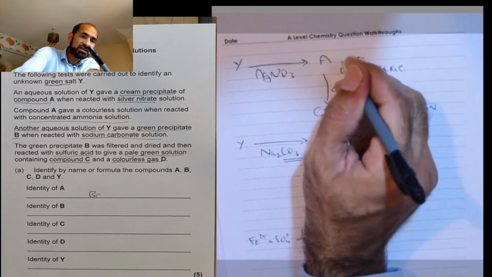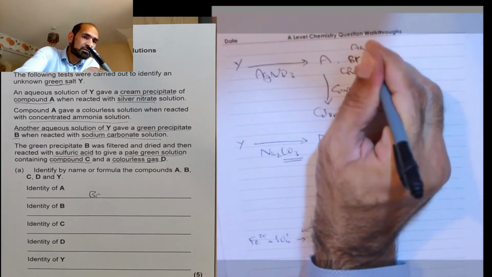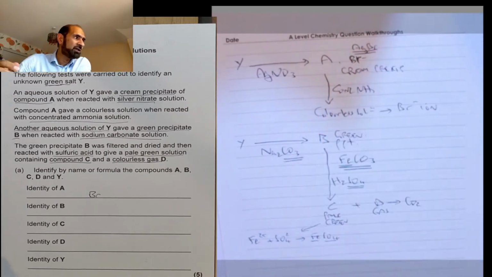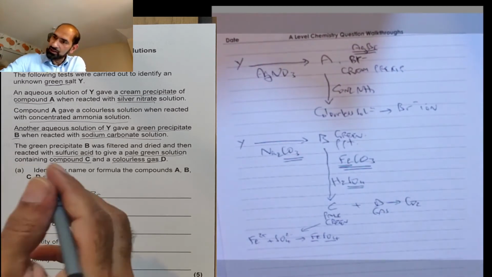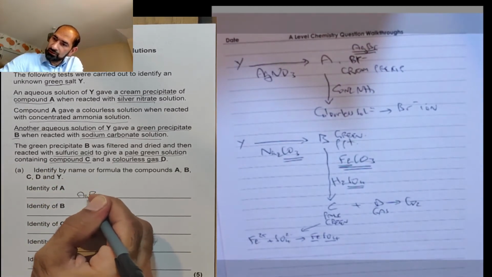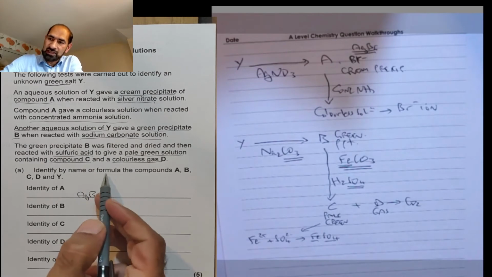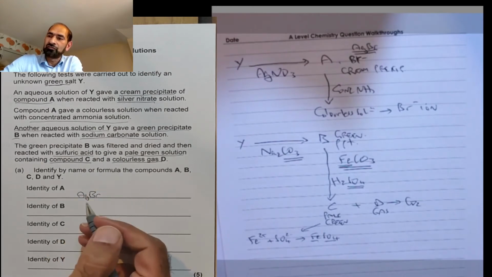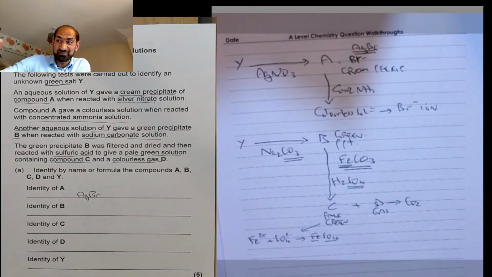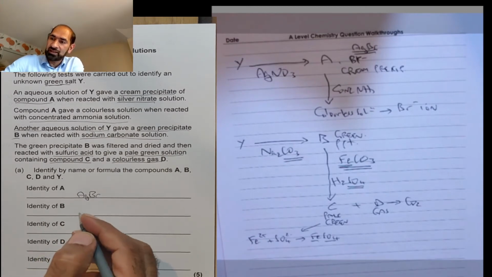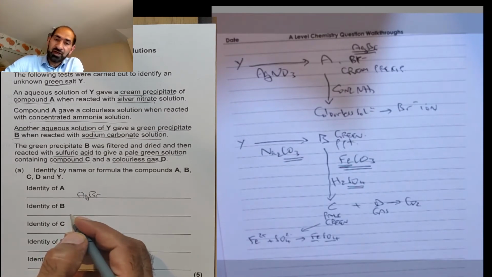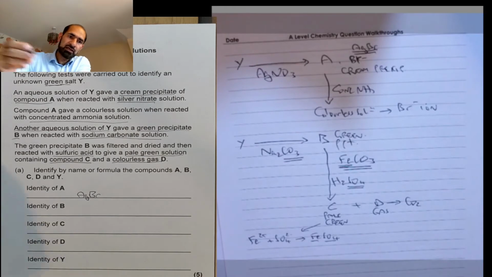A is actually silver bromide. That's compound A. Now I'm writing the formula because that's fine. They're saying name or formula, but there's something important you need to remember. In a minute I'll tell you. Identify B. So there's A. What's B?